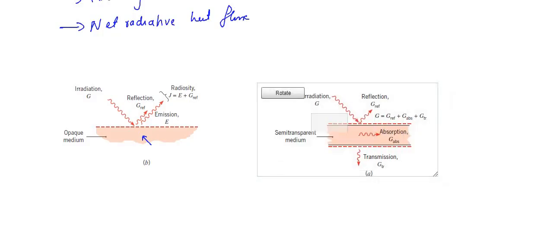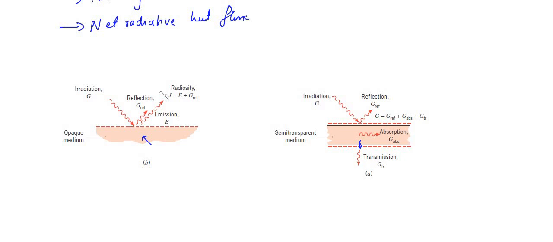In this case, for a semi-transparent medium, you can see the difference: some part of the irradiation is transmitted, some is reflected, some is absorbed. In the opaque object also there will be absorption, but mostly it is reflection and emission. In a semi-transparent medium there will be transmission along with that.